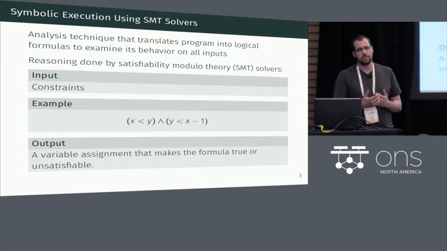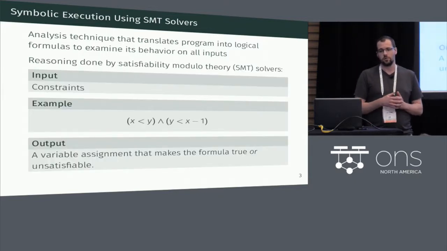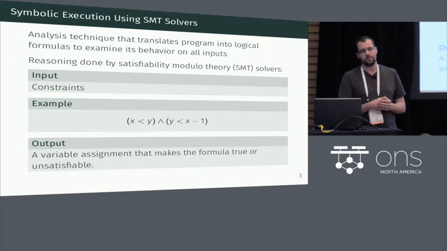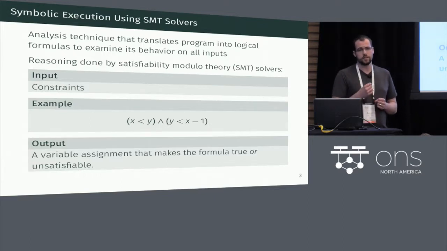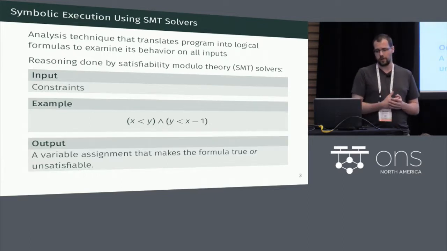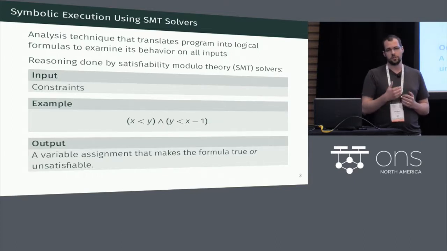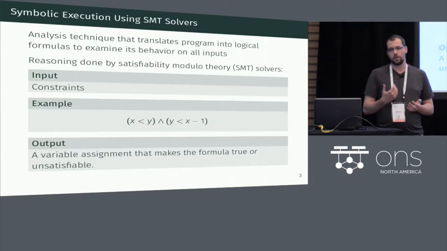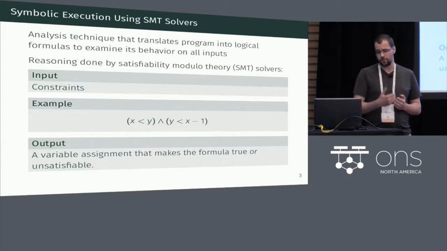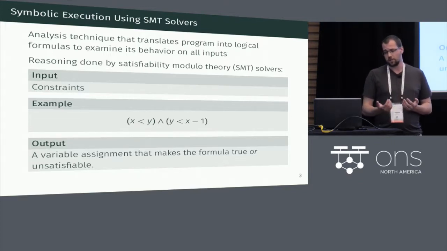For the actual reasoning, symbolic execution engines usually use satisfiability modulo theories, or SMT, solvers. Those tools take as input a set of constraints, and then they either give a variable assignment such that the formula is true, or they tell you that the constraints are unsatisfiable, in which case you know that no such assignment exists.